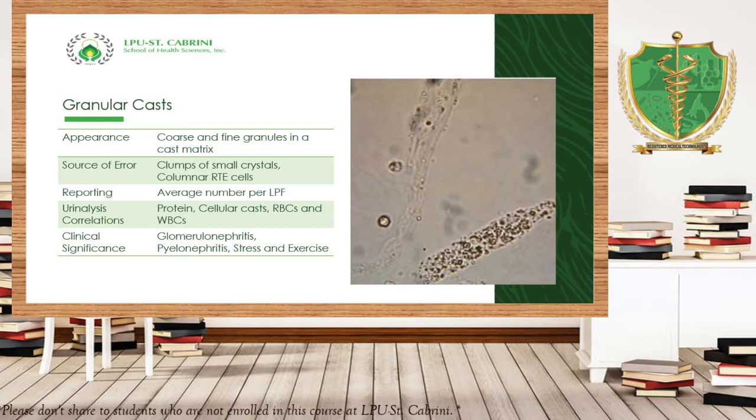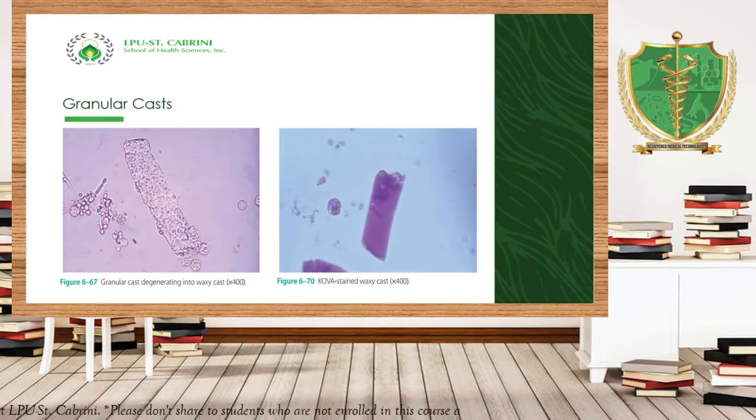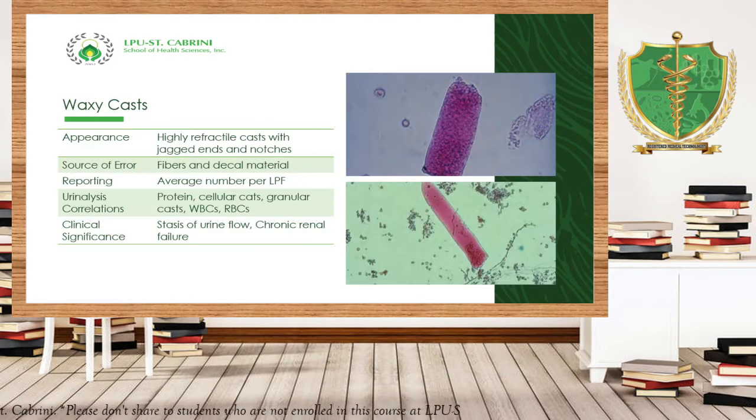We have here the granular cast. The appearance is coarse and fine granules in a cast matrix. Clinically significant with glomerulonephritis, pyelonephritis, and stress as well as exercise. Okay, so this is our granular cast. Another granular cast.